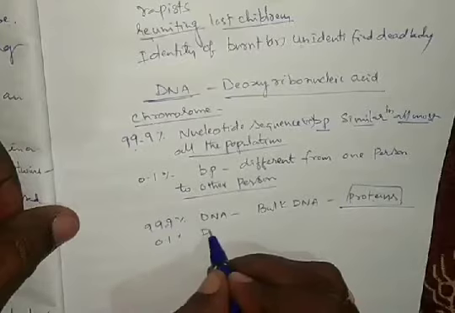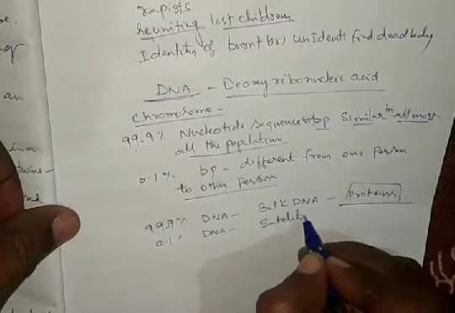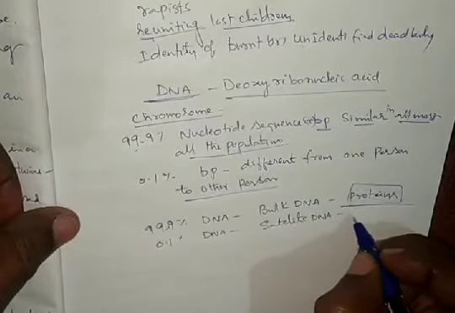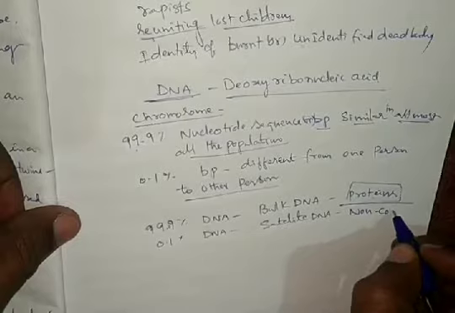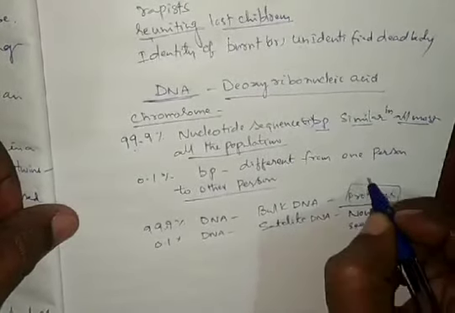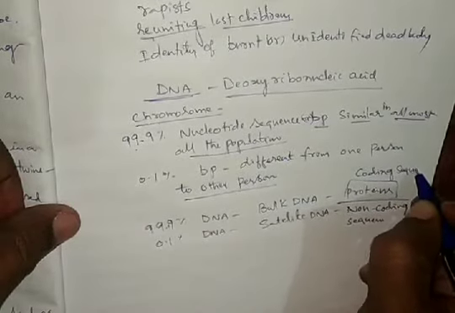0.1% of the DNA is called satellite DNA. It cannot code any protein; it is a non-coding sequence.